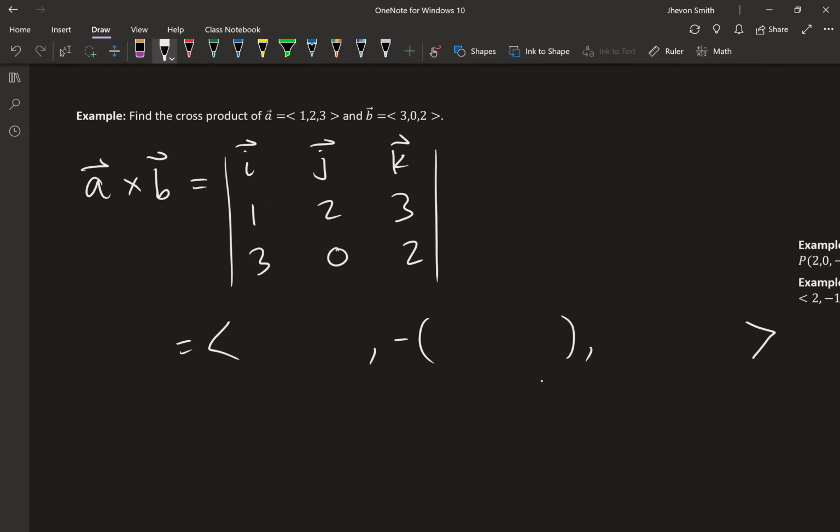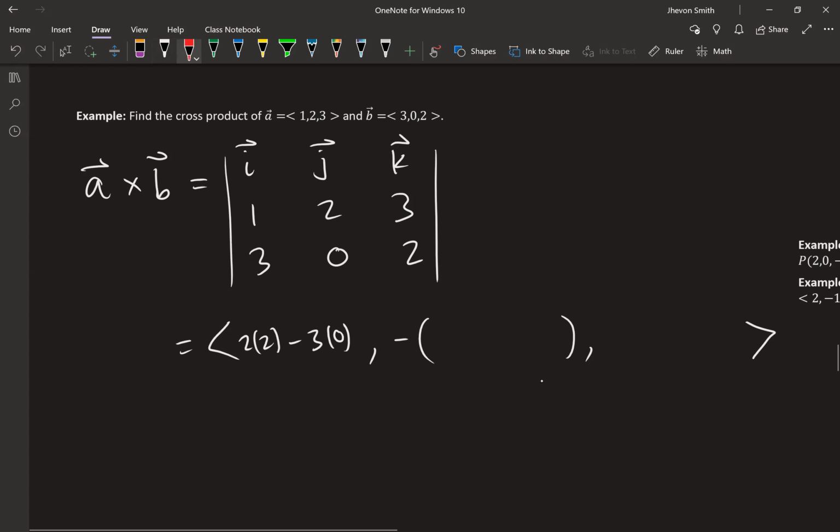So what goes into the first component? Well, you're going to block out the I row and column. You'll see you have a matrix here, 2, 3, 0, 2. You're going to do that multiplication across diagonals. So it's 2 times 2 minus 3 times 0.